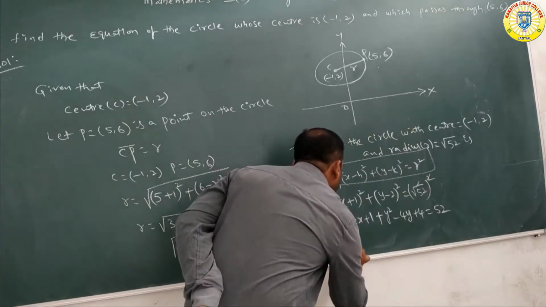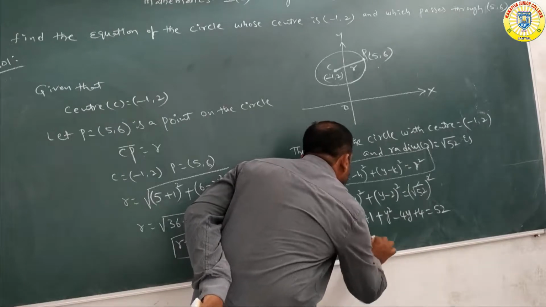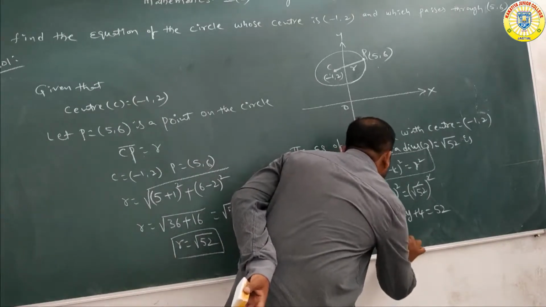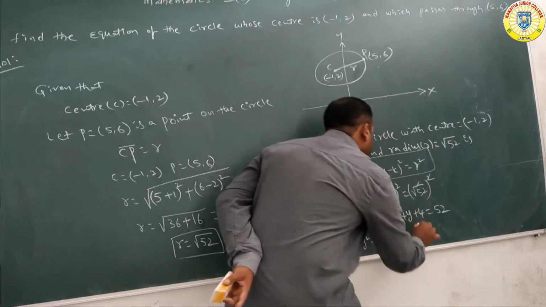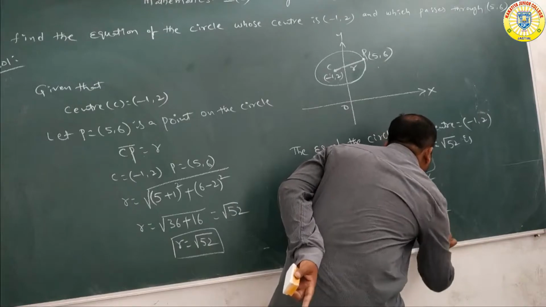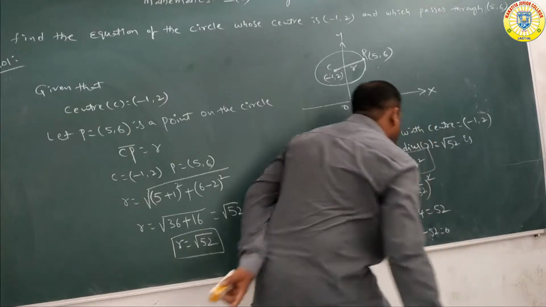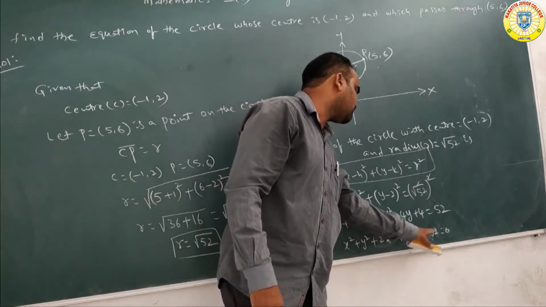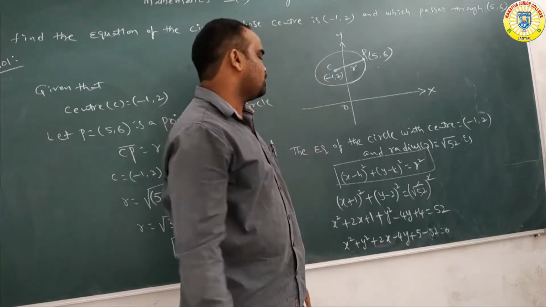So nothing but x square plus y square plus 2x minus 4y, plus 1 plus 4 which is 5, minus 52 is equal to 0. x square plus y square plus 2x minus 4y plus 5 minus 52 is equal to 0.